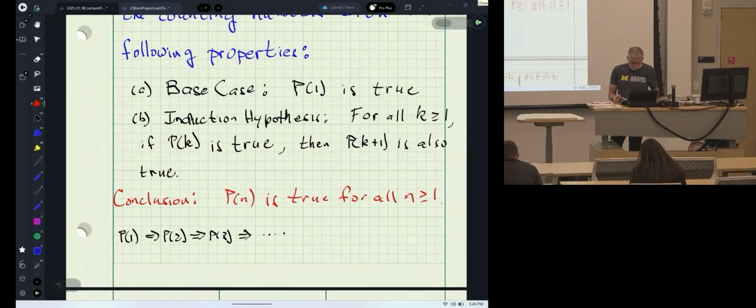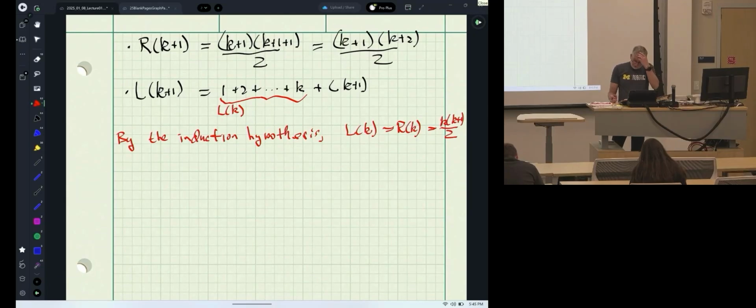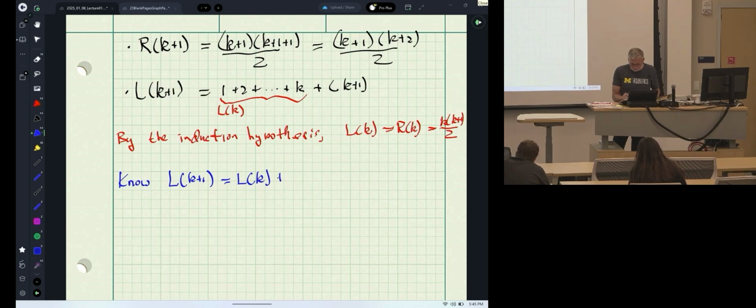Now we want to check, how does that work out? So now we know that L of k plus 1 equals L of k plus k plus 1. And that's equal to R of k plus k plus 1.